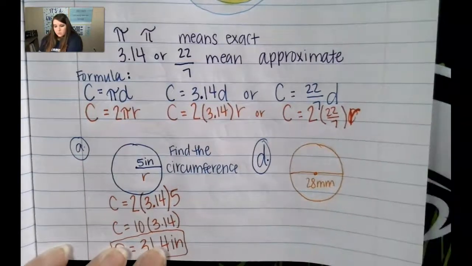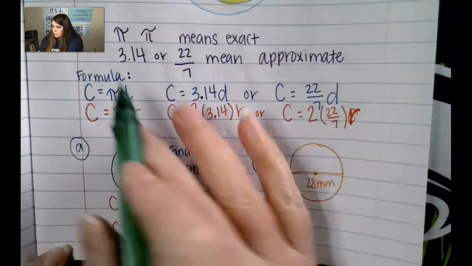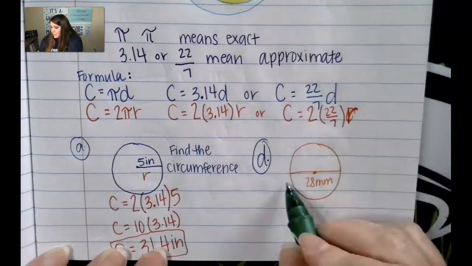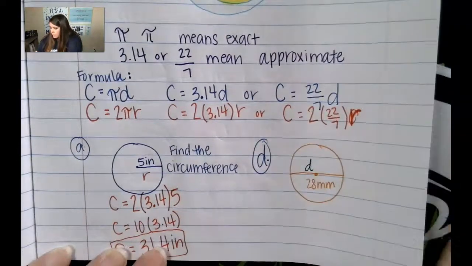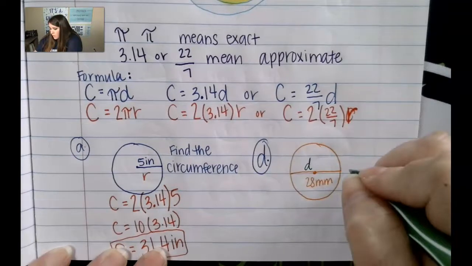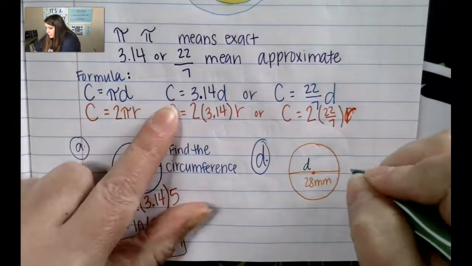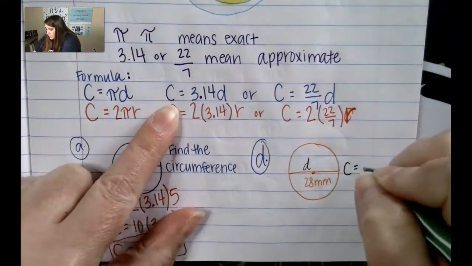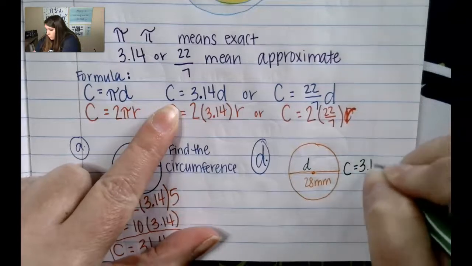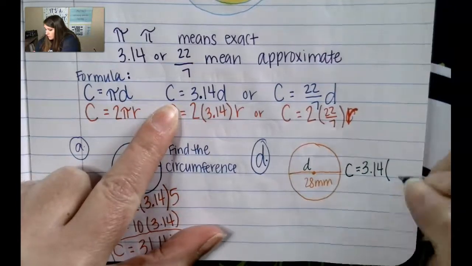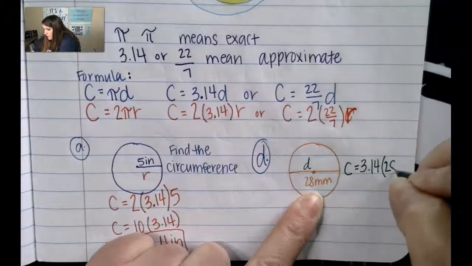So we're going to use the formula for diameter because they give us the diameter. Okay, so circumference equals 3.14 times 28.